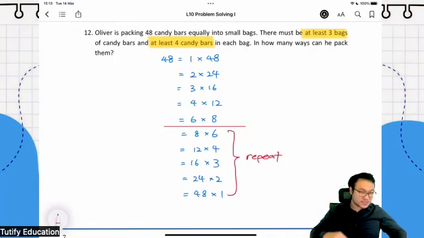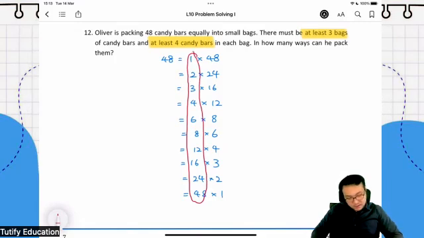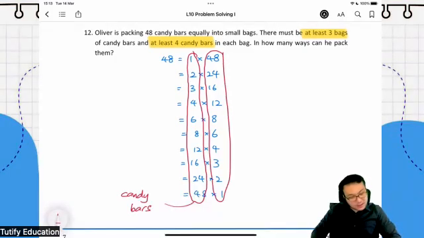I already wrote 6 times 8. Now, why am I still writing 8 times 6? Because, students, they are representing a different thing. Why not we say that this side is representing the number of candy bars? And why not you say that the other side is representing the number of bags?